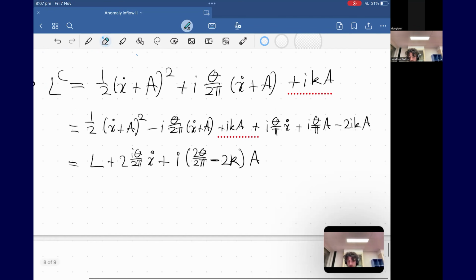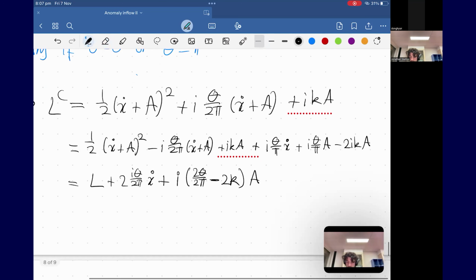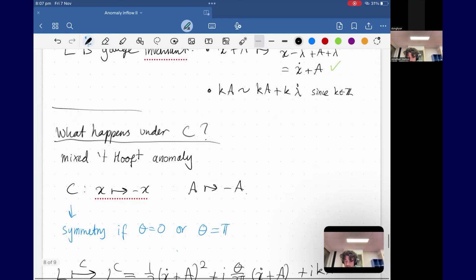Let me just quickly trace this properly.